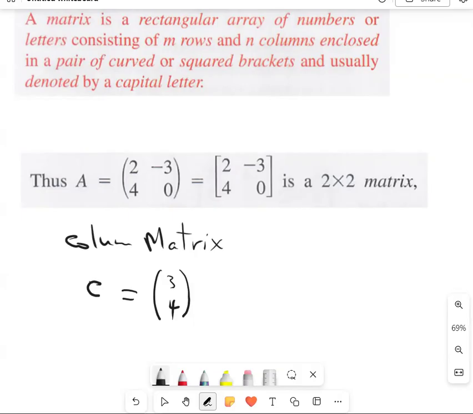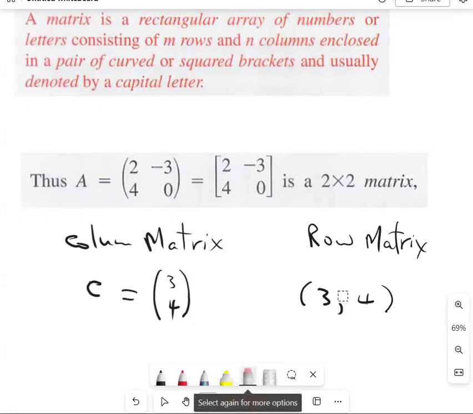Then you might have what you call a row matrix, right? So that one looks like that, right? Oh, by the way, I shouldn't have a comma here.